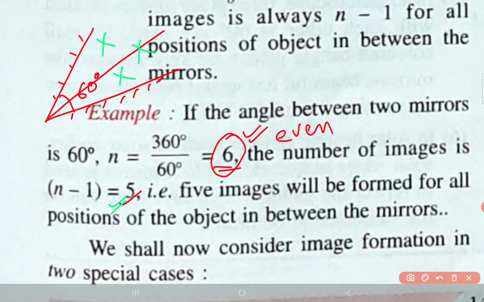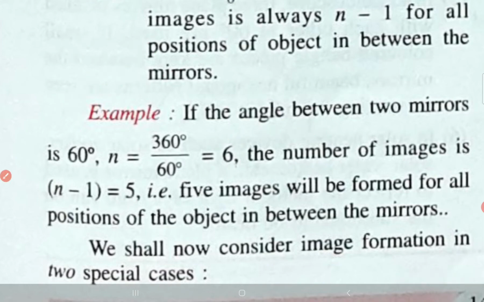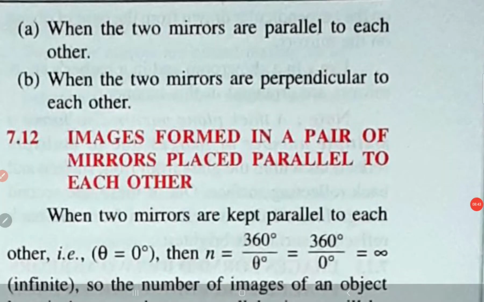We shall now consider the image formation in two special cases. So we are not doing it for all the angles, but we are doing it for two special cases. Let us go to those special cases. When two mirrors are parallel to each other, this is the first special case.